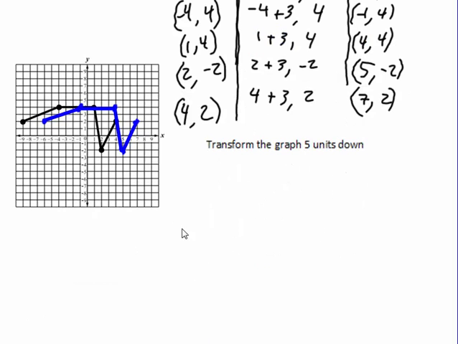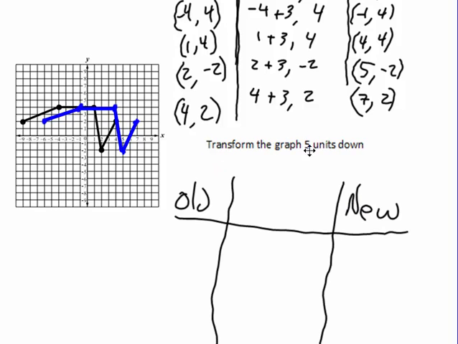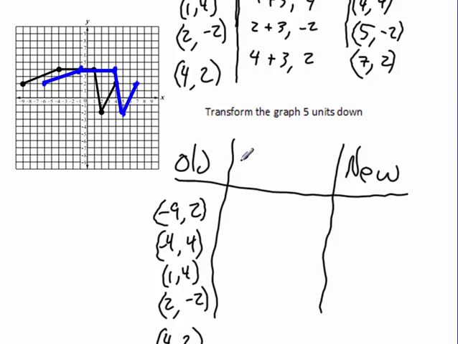All right, so let's try this one more time. We're going to transform the graph 5 units down. Down would be a vertical change, and vertical changes affect the y values. My x value stays as x, comma, my y value, we're going 5 units down, so we want to subtract 5 units, so y minus 5.